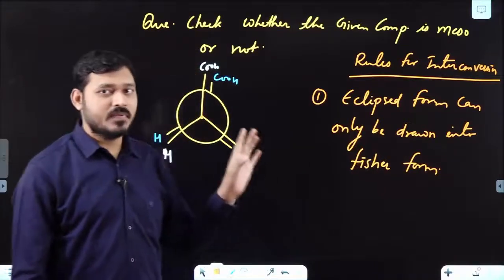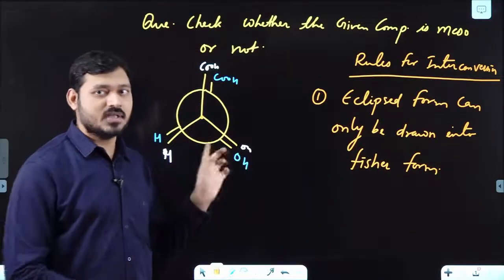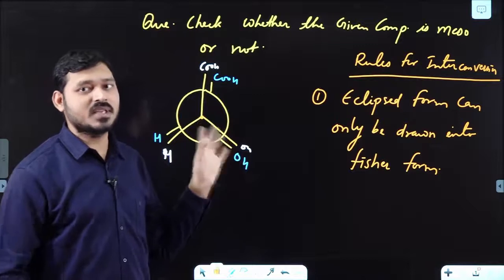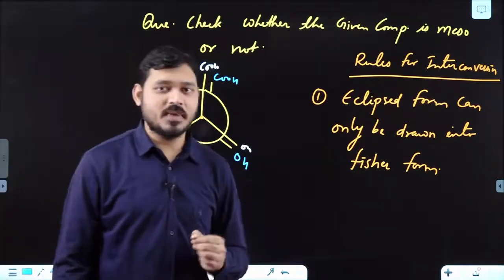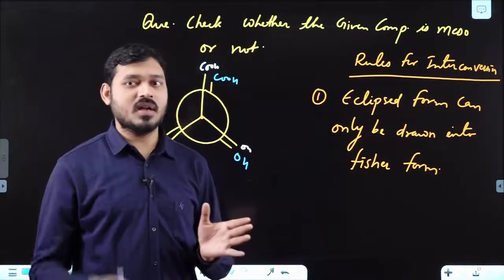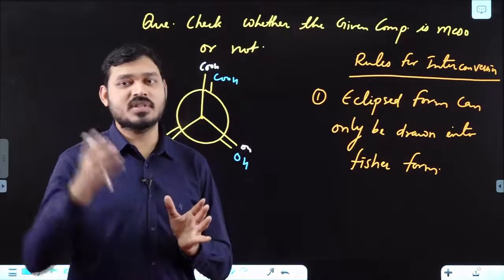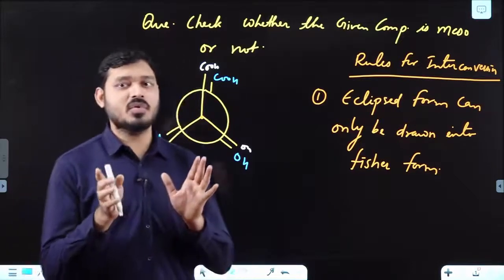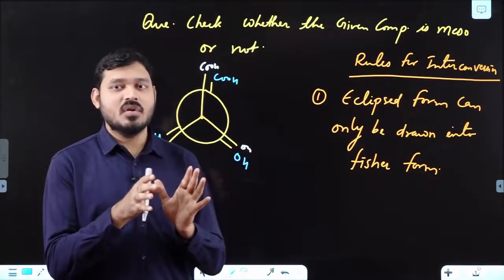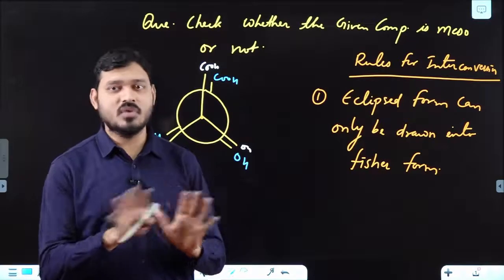Okay, Fischer form will be drawn for this, but this conformer must be eclipsed form. Okay, then your question might be, what we need to do if the conformer is gauche form or staggered form, something like that? Then first of all, you just need to rotate it 60 degree or 120 degree or 180 degree, no issues in that.